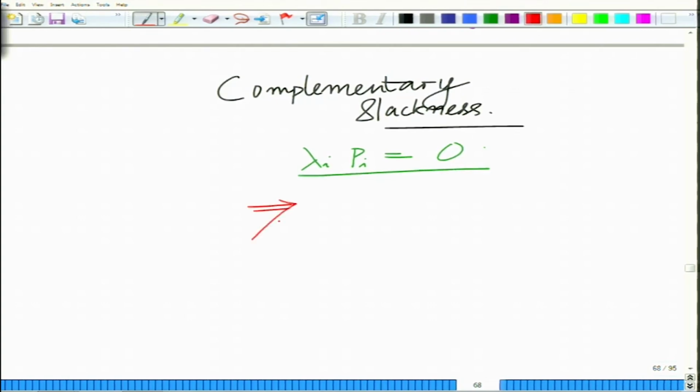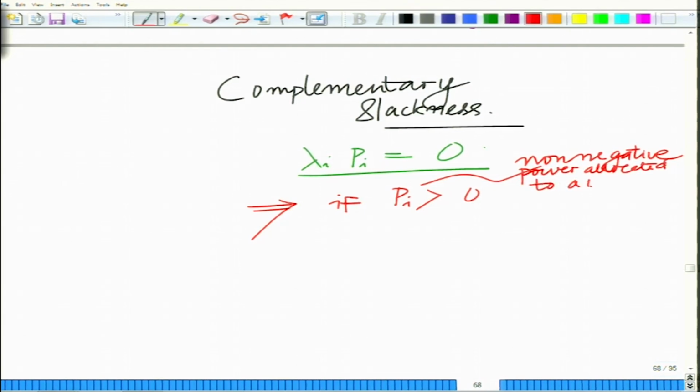Let us consider two conditions. If P_i is greater than 0, that is, non-negative power is allocated to a channel, then lambda_i equals 0, because lambda_i P_i has to be 0.